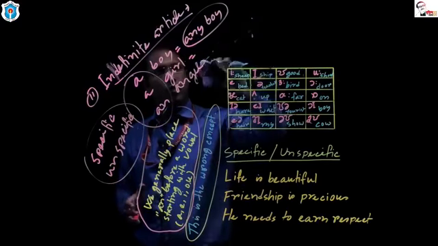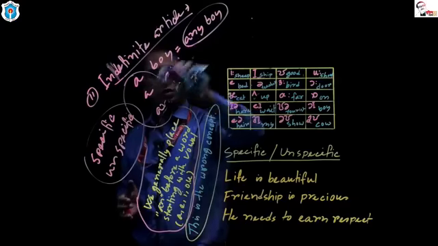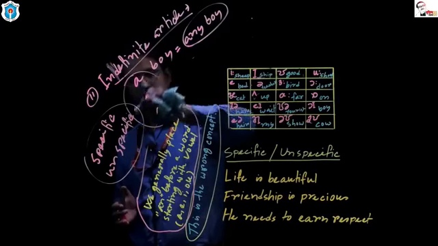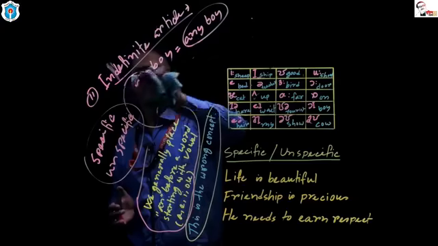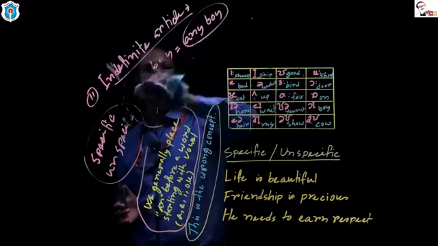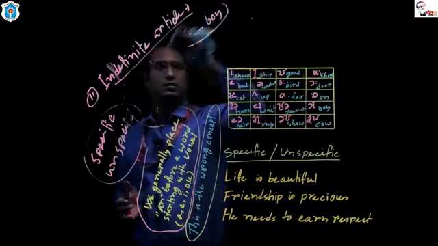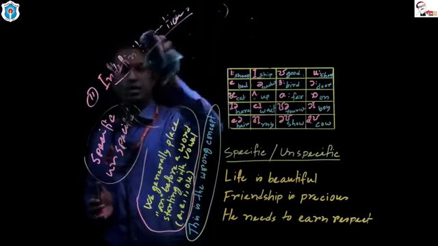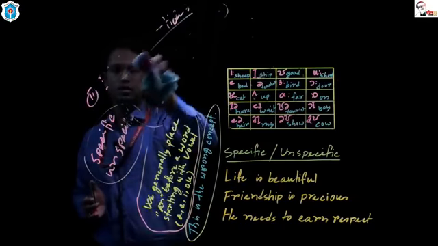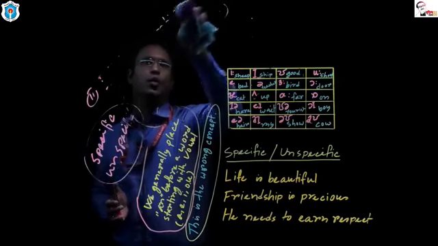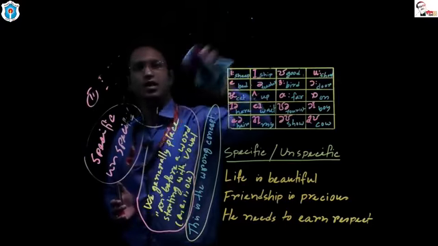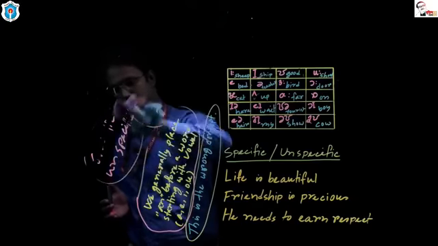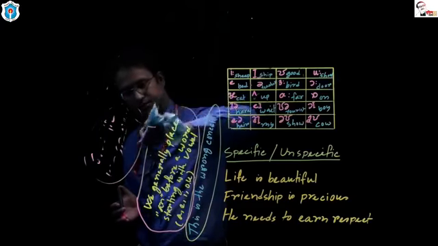Okay, now we have understood the two types of article, that is definite article and indefinite article. Now we have to learn the use of article.